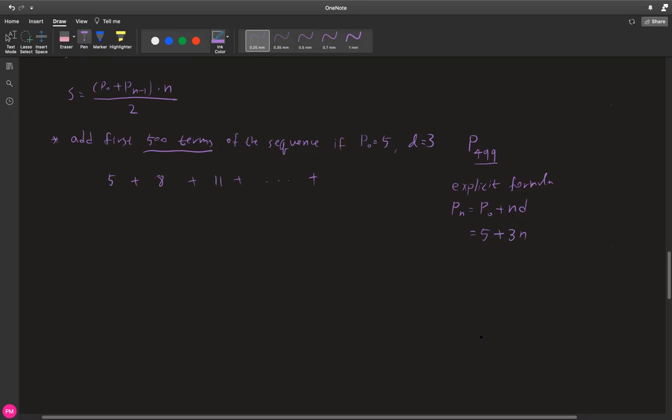That's all it is. So to find the 500th term, what you're doing is simply plugging in 499 in the place of n. And if you put this into a calculator, you would actually end up with 1502. So that's 1502.